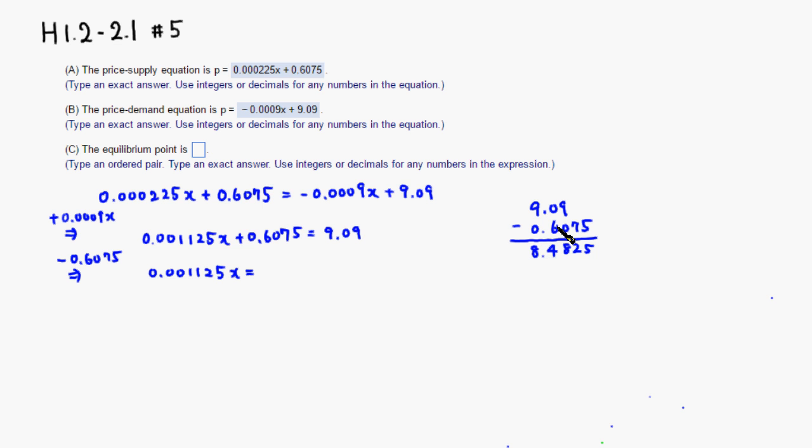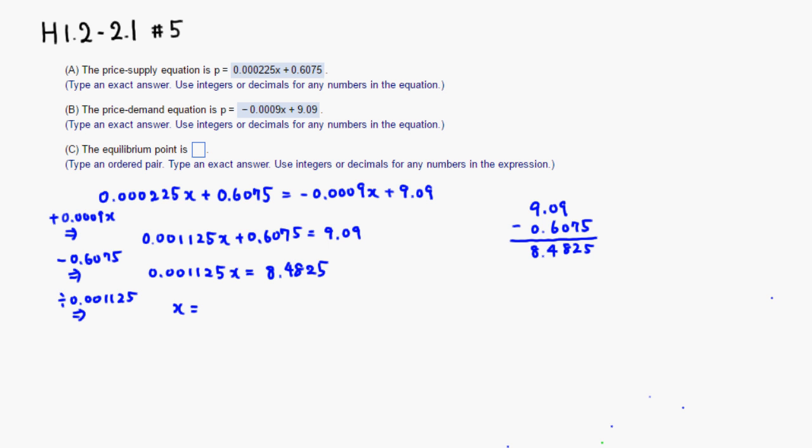So it's 8 point, so you have 8.4825. Then we just have to divide through by 0.001125. So we get x, which is equal to, alright, so I'm a little lazy.